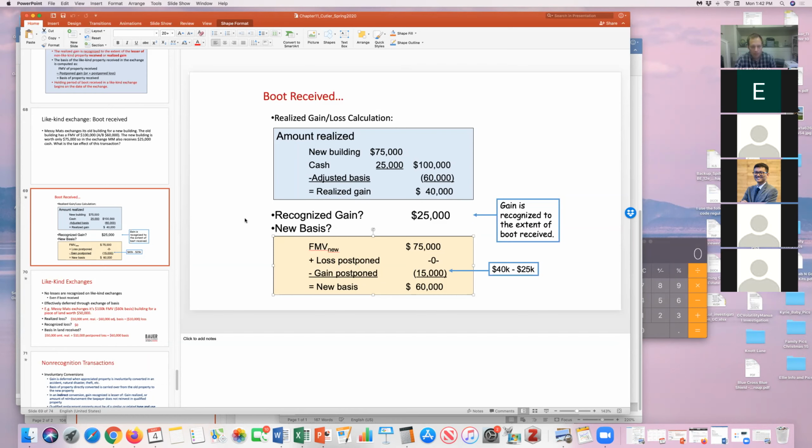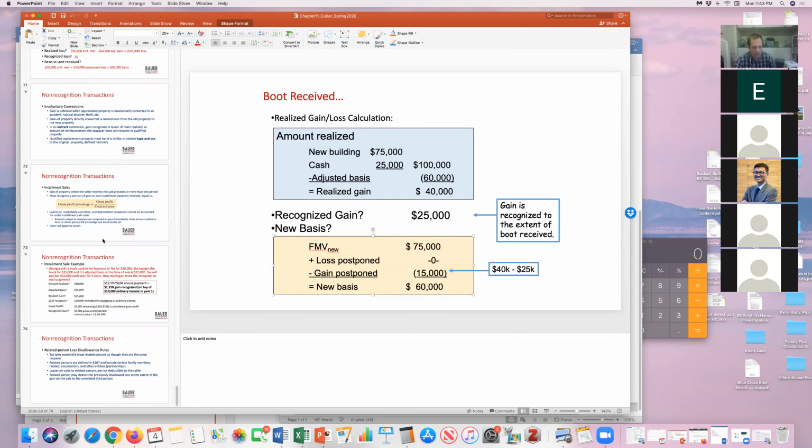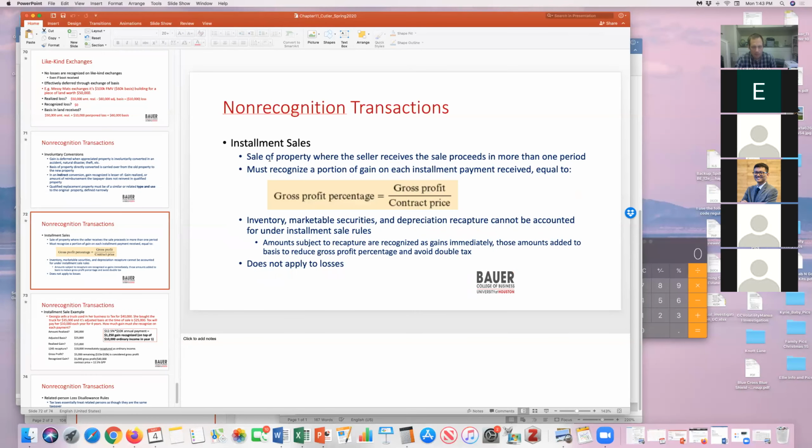Our other kind of deferred transaction was an installment sale. It's sort of intuitive. So let's say I sell a building or a big asset. Someone's going to pay me a payment each year for 10 years.